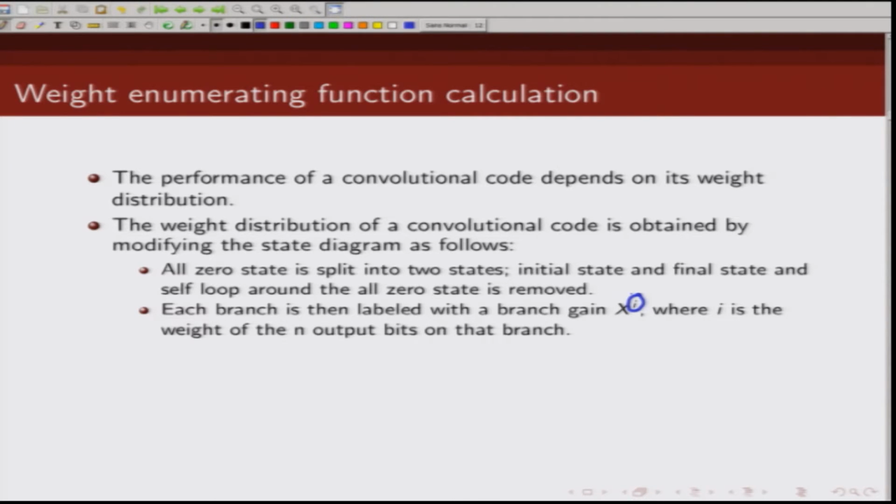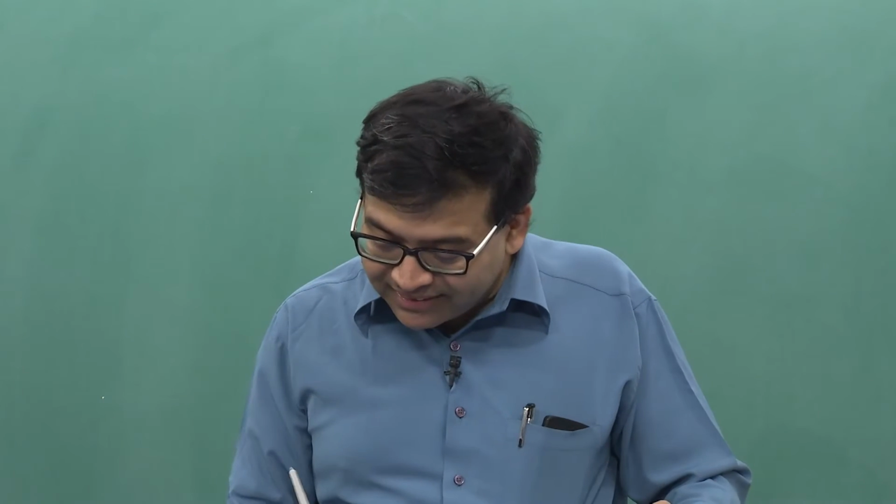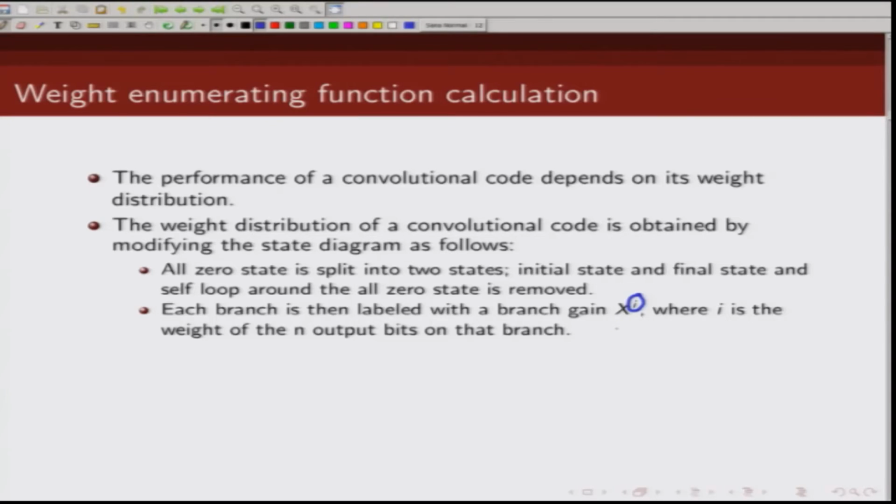So, for example, if we make a transition from state 0 to state 01, when an input 1 comes and the output is 1 1, then since the output is 1 1, we will label that branch by x raised to the power 2.